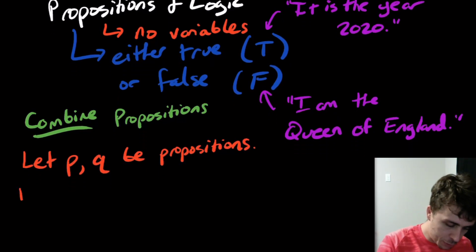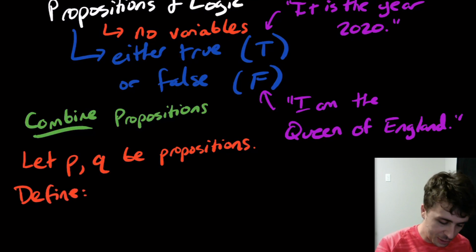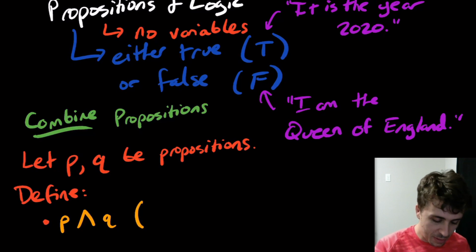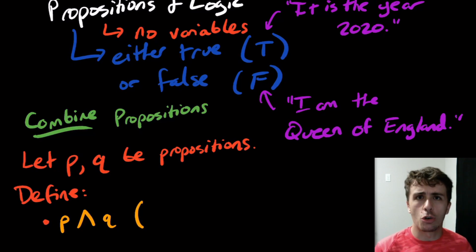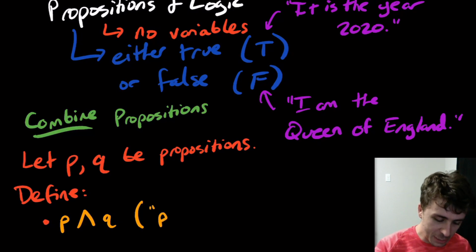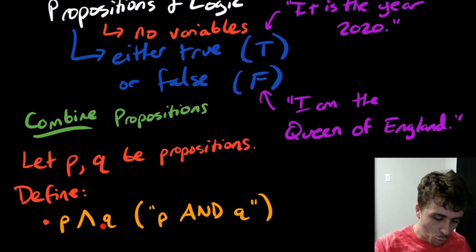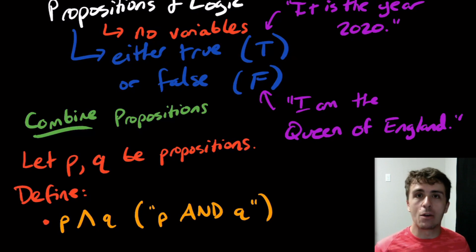So we're going to define various things. So the first one is going to be P and Q. So the symbol in the middle is something that's called a wedge, and that means and. So the way that you should read this is P and Q. Okay, so we're writing this in a formal way so that we can write propositions in a formal way.